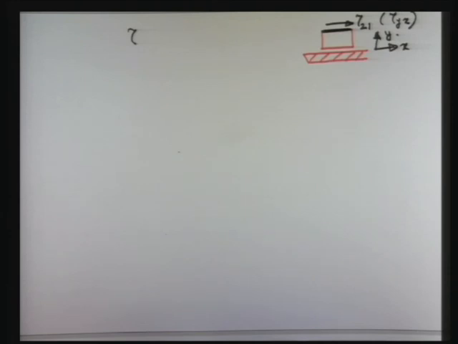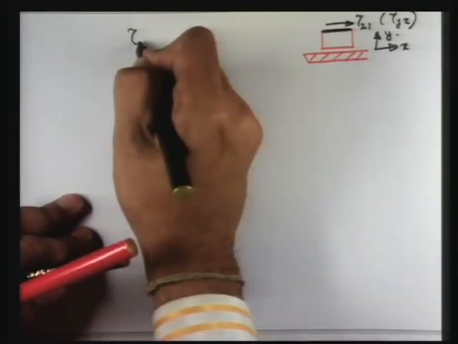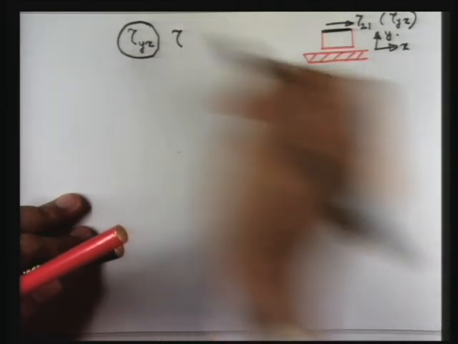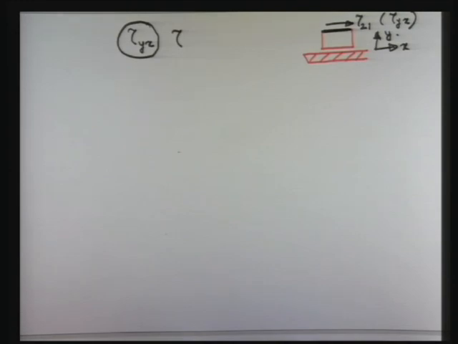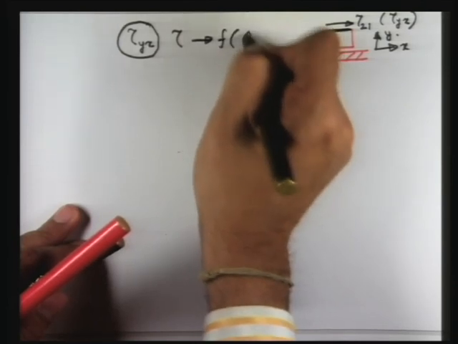So we can write that tau yx, or simply just tau, because this is the only tau that is there in this particular two-dimensional system. So tau is a function of theta dot, that much we can say.